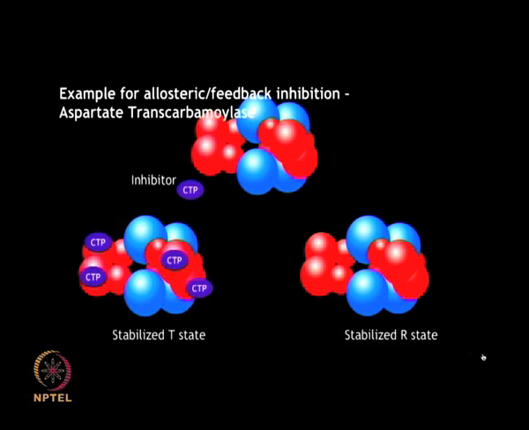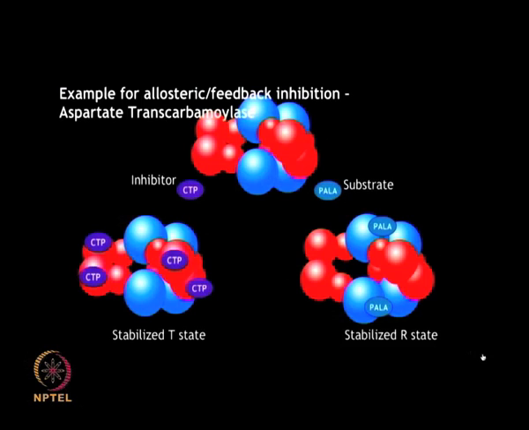The inhibitor for this enzyme is CTP, which is the final product of the pathway. Binding of the inhibitor to the regulatory subunits stabilizes the tense state, or T state, of the enzyme, thereby preventing the reaction from taking place.